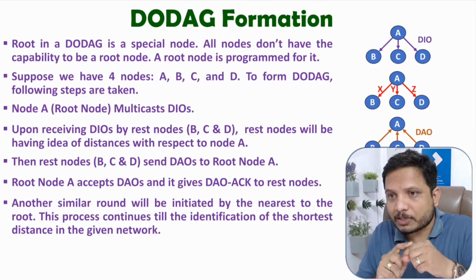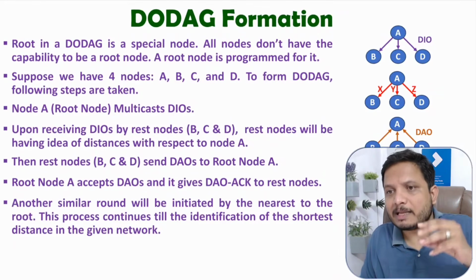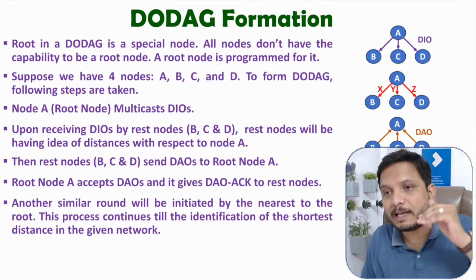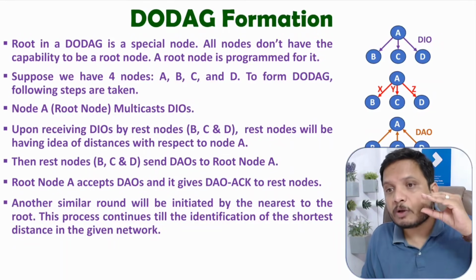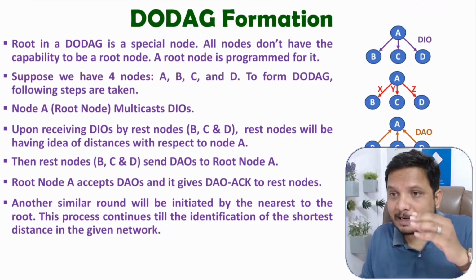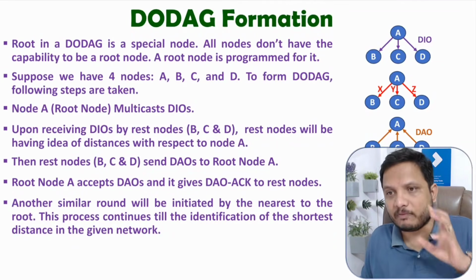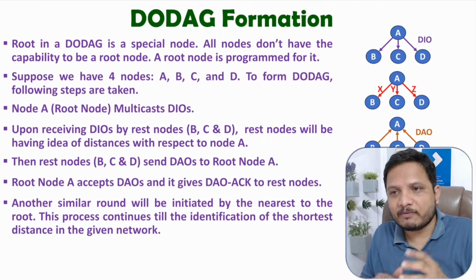In that information, they are saying how much bandwidth is available, what the distance is, and what the latency is. So based on the parameters, based on the goal, we will be forming that network. In that network, routing will be defined, right? So that is how DODAG formation is happening.